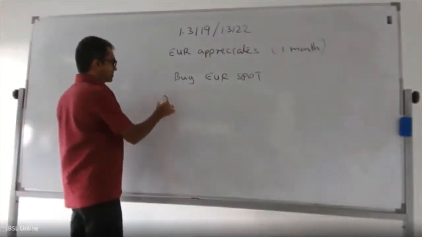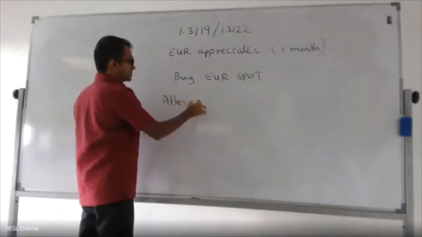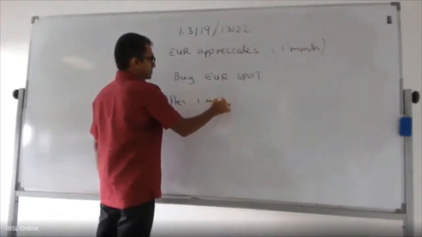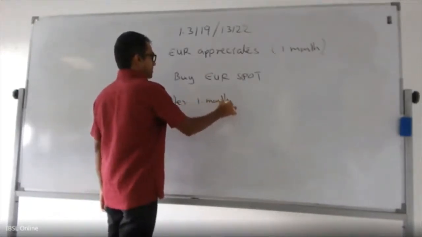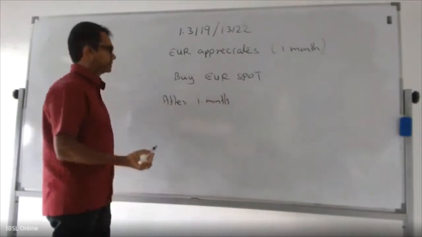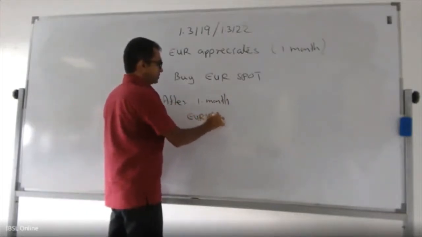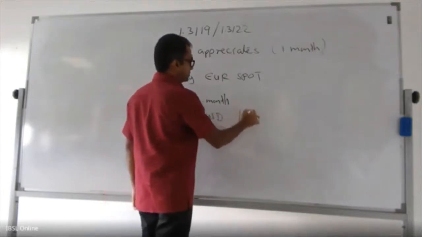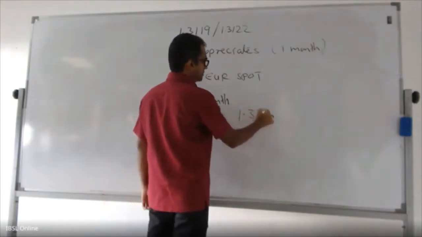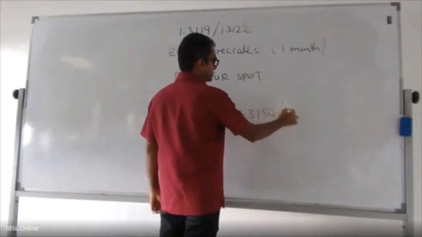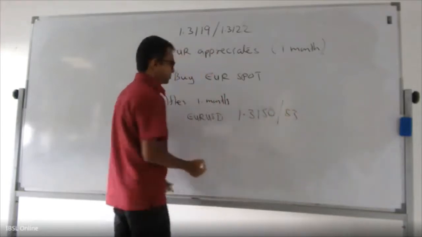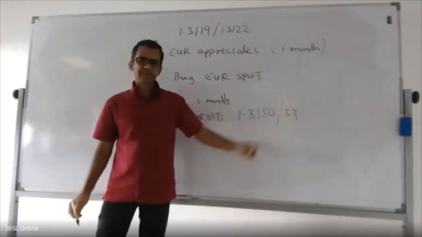After 1 month, the euro-dollar exchange rate may be 1.3150, 53, something like that.